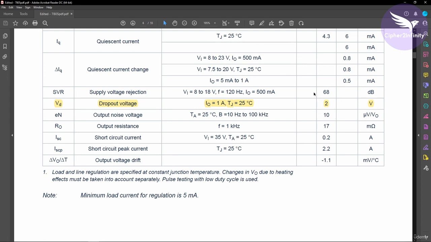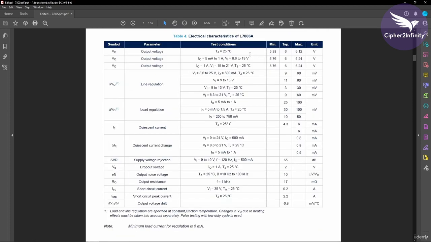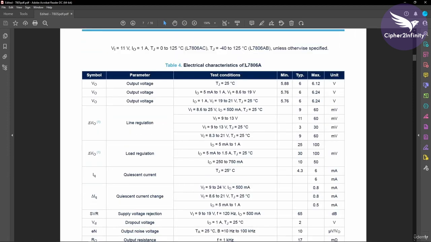So if we provide 7 volt on the input side, then 2 volt will drop across the pass element and we are going to get 5 volt on the output side. Now let's go ahead and see what they have given. Likewise, they have given the electrical characteristics for the different ICs.